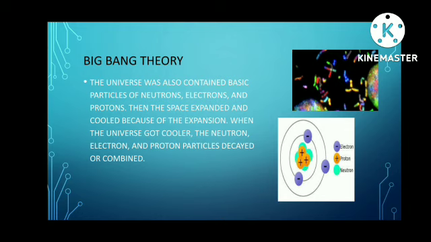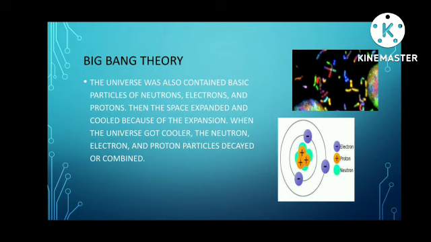In the very beginning of the Big Bang, we have the so-called singularity. It is a single point wherein it is very hot, it is very dense, and it is very small.